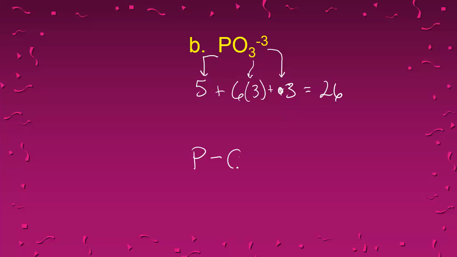Count. 2, 4, 6. Start on the outside, work your way in. Hold on, I have to copy this again. No, just do it here and then copy later. Okay. 2, 4, 6, 8, 10, 12, 14, 16, 18, 20, 22, 24, 26.